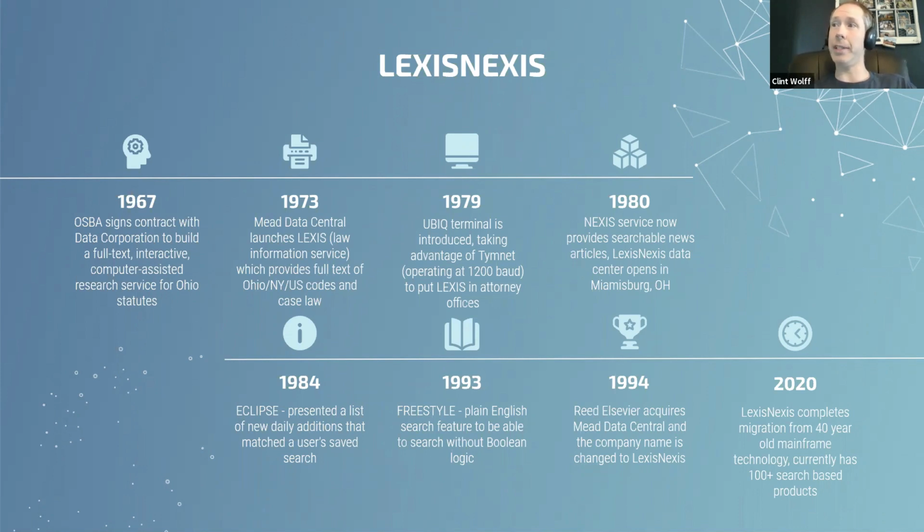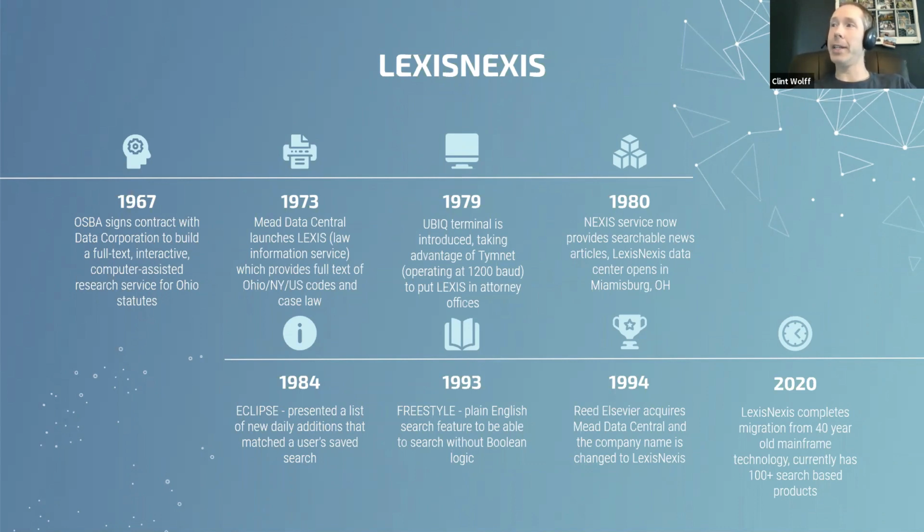And then in '79, they expand upon this idea of attorneys having access to Lexis right on their desktops. So they create the UBIC terminal. It's a little red terminal working over the TIMNet. So this was before the internet, of course, before Al Gore. It operated at 1200 baud, and it put Lexis right on attorneys' desks.